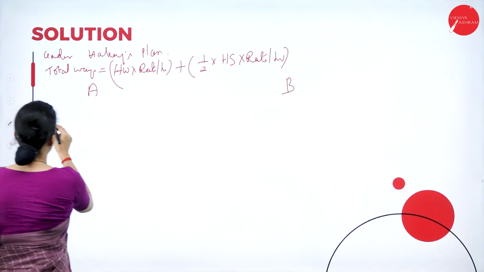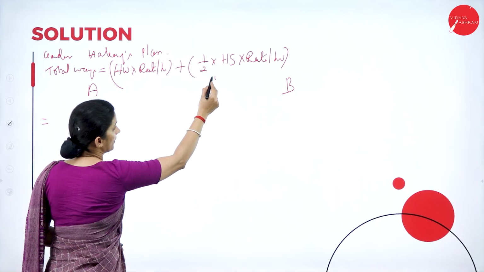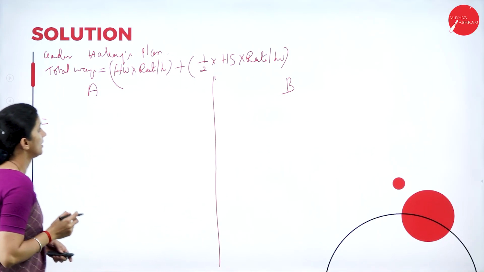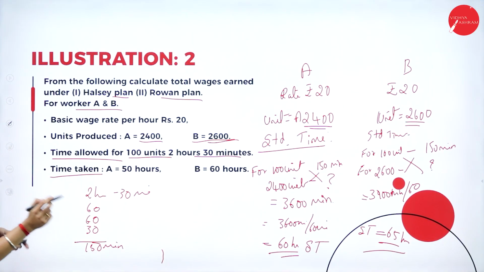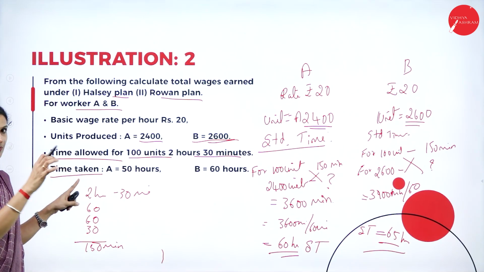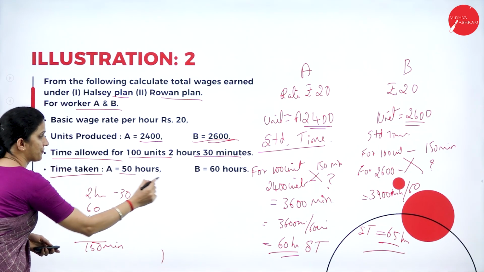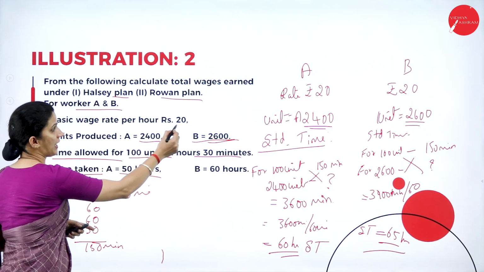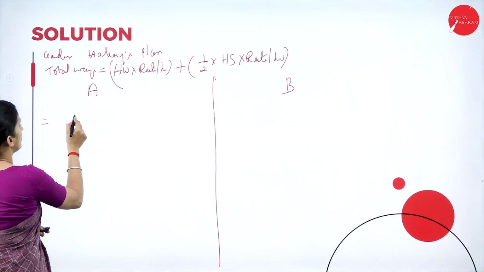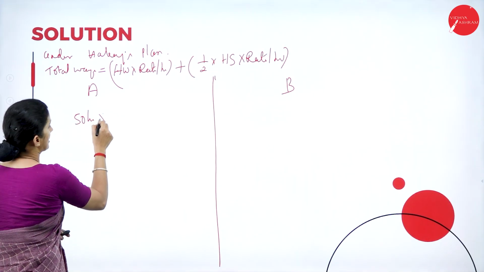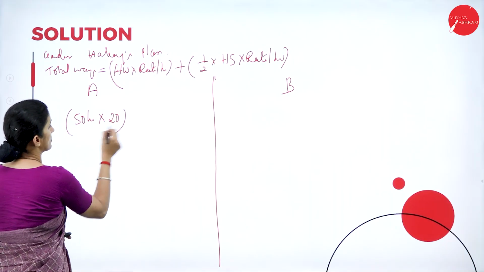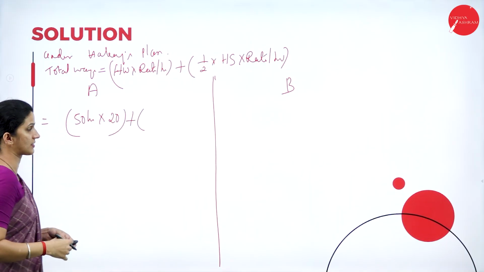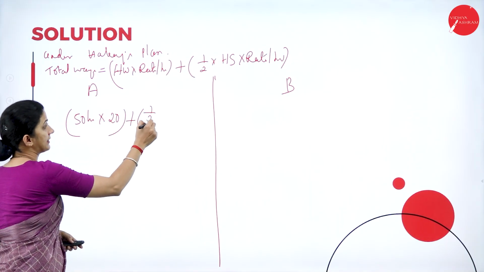First we will see A's information. What is the hours worked by A? The time worked by A is 50 hours and the rate per hour is 20. So 50 hours into rate 20, this is the wage calculation, plus bonus, half of time saved.